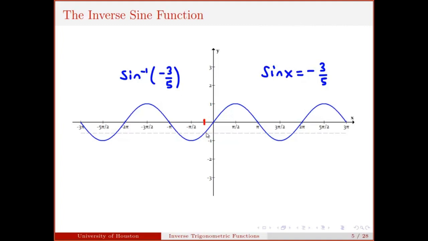The simplest choice appears to be either this angle, which is located in quadrant 4 on the unit circle, or this angle, which is located in quadrant 3 on the unit circle. The rule that we will follow is to always choose the angle in quadrant 4 when evaluating the sine inverse of a negative number. That is, sine inverse of negative 3/5 represents this particular angle.